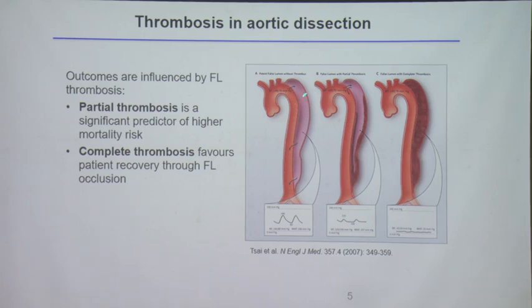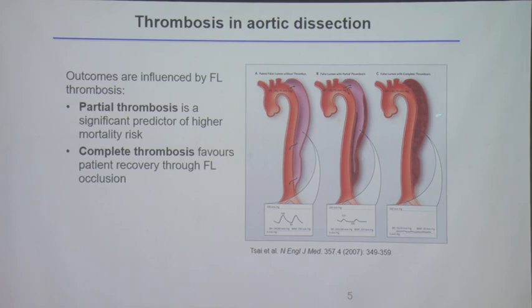This can actually propagate and run all the way along the aorta. Sometimes, as in some of the figures we saw yesterday, the false lumen could be larger than the true lumen. When a patient develops aortic dissection, there are certain things that could happen. Interestingly, in some patients the disease can heal, and the way that it heals is shown on the right. The thrombus is formed within the false lumen.